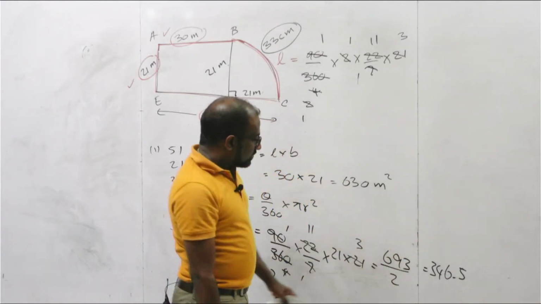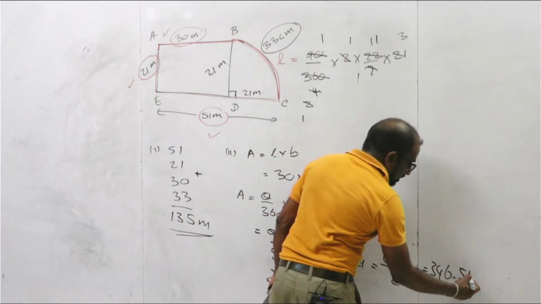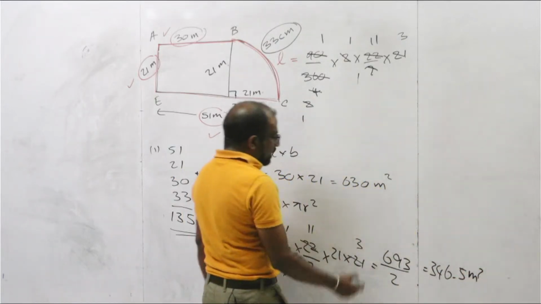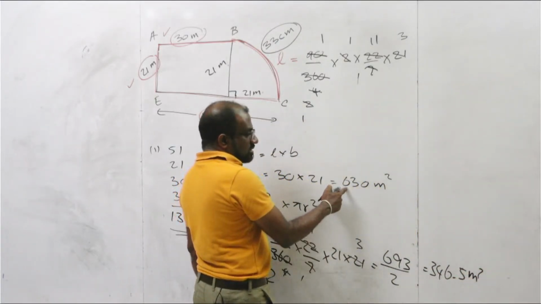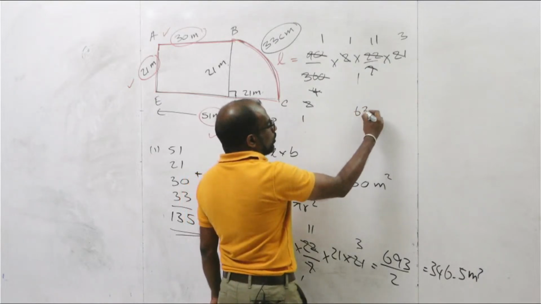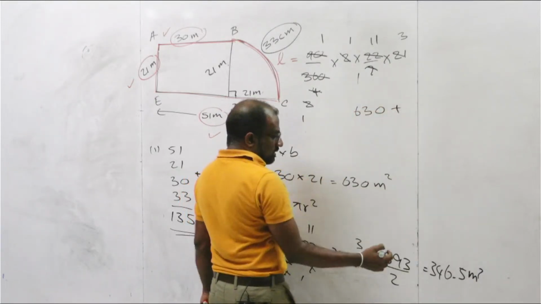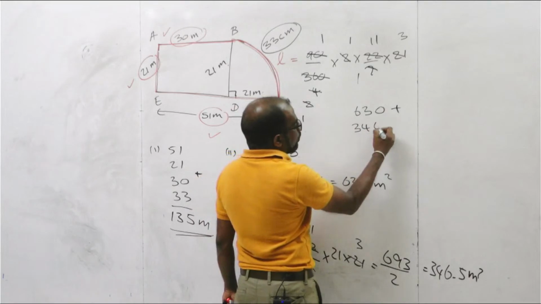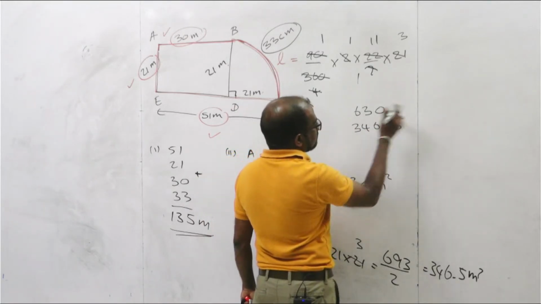346.5 is the area of the sector of the circle, and the area of the rectangular part is 630. To find the whole area, 630 plus 346.5.